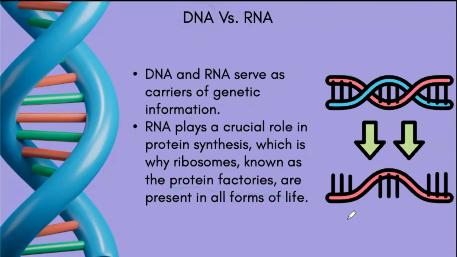So DNA contains our genetic material. That genetic material is then turned into RNA, which then turns into proteins, which is something that you need to understand when we talk about genetics itself.